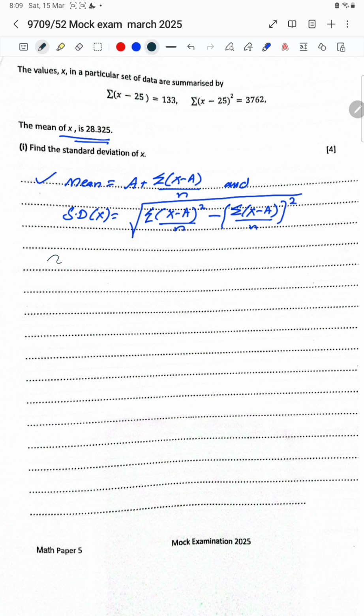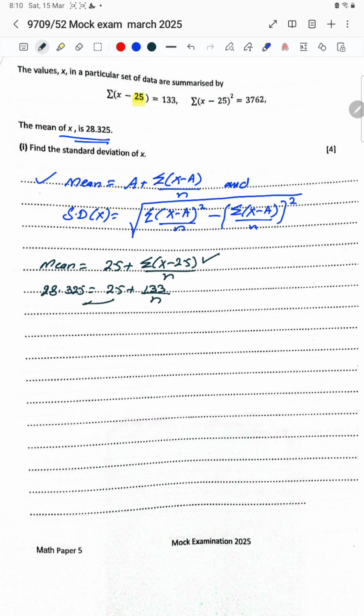So you can write mean is equal to, and in place of a, here we have 25. So 25 plus sum of x minus 25 over n, and mean is given to be 28.325, equal to 25 plus, and sum of x minus 25 is 133 by n.